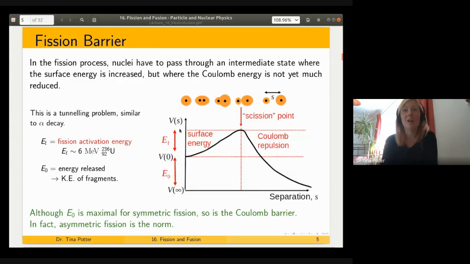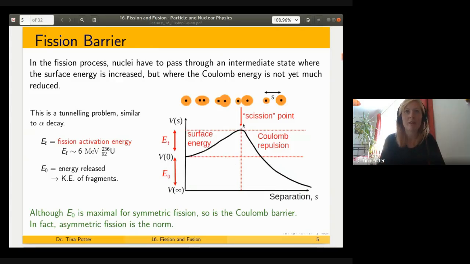Now, it depends on how much energy we need here. Traditionally, we'd need about 6 MeV for uranium-236 to get over this barrier, or we're going to have to wait for it to tunnel through. Now, it's quite interesting that the energy released is largest. We saw it was maximal when we have symmetric fission, but the problem is, so is the Coulomb barrier.